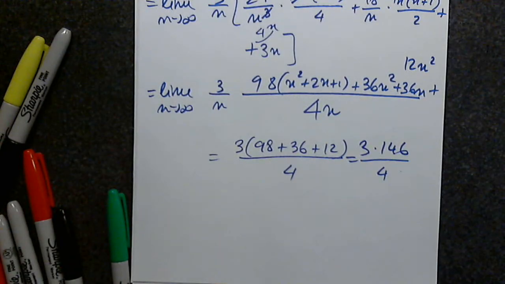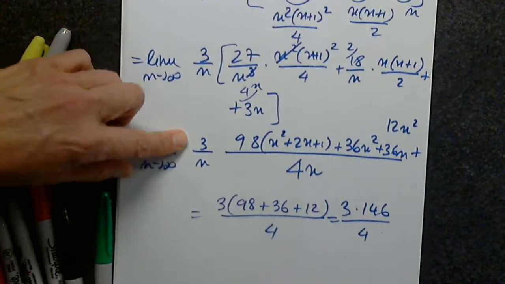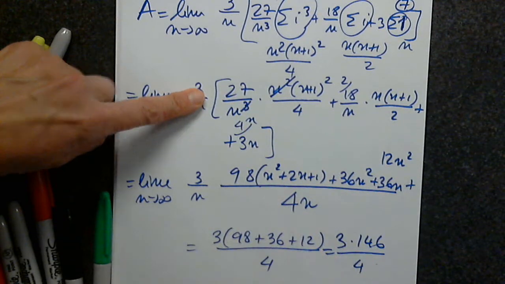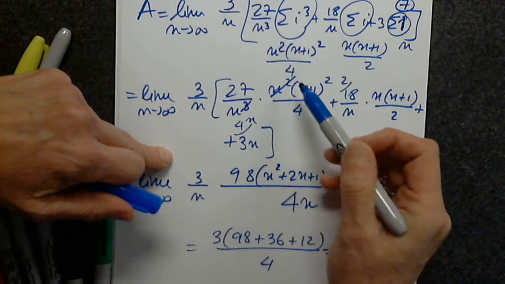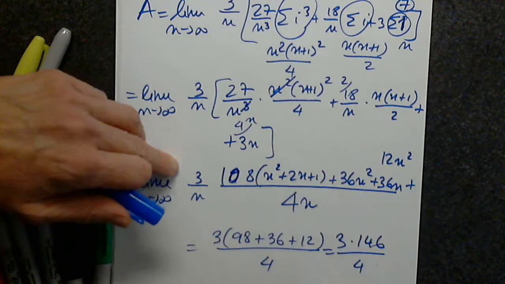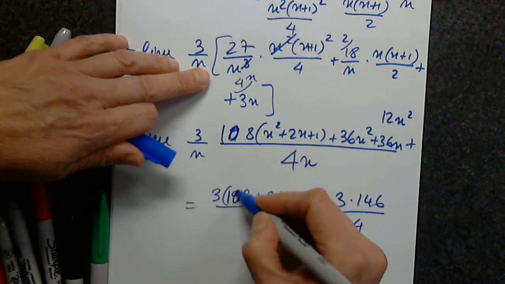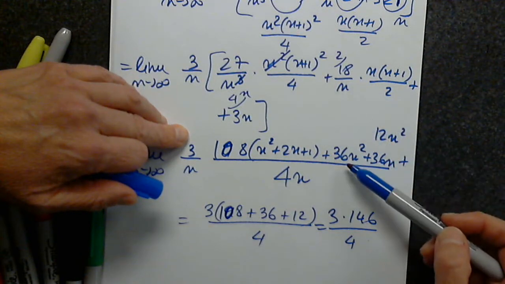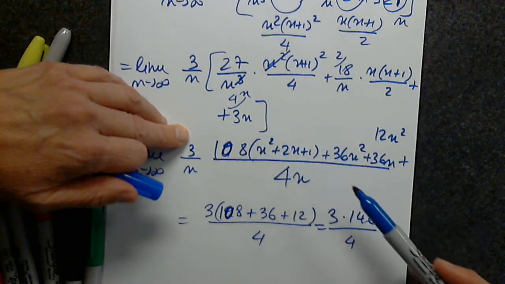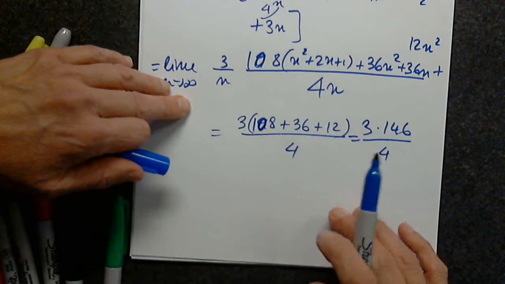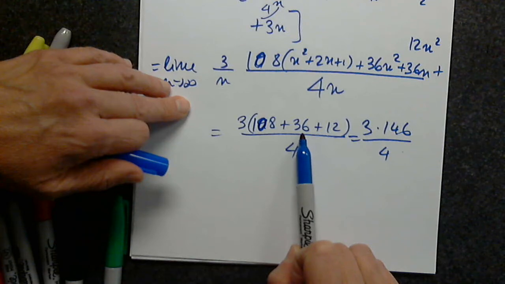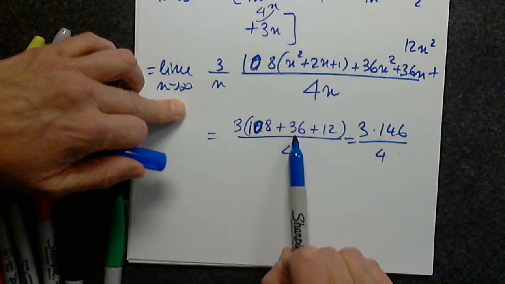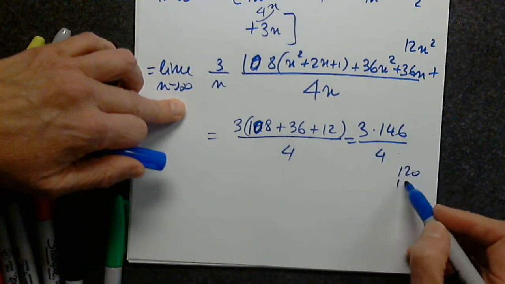Okay. Oh. I found one error. Okay. So it's 120 plus 36, right?